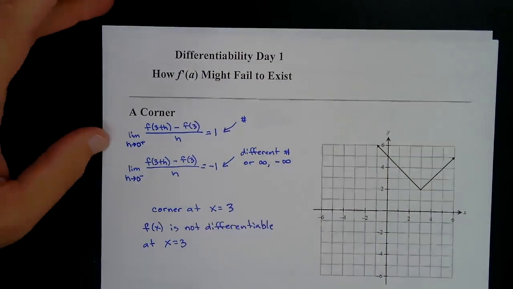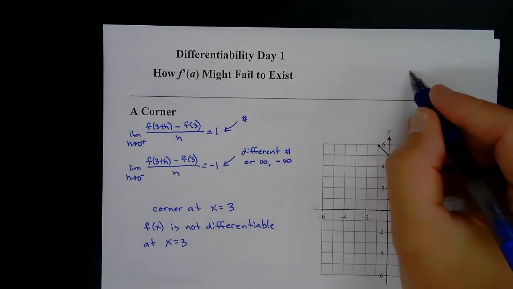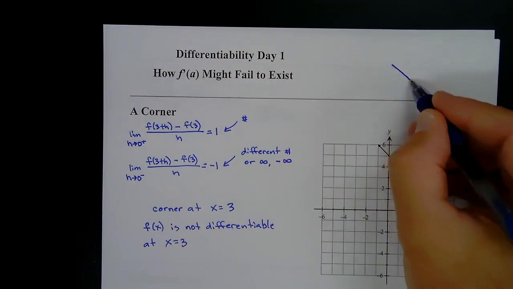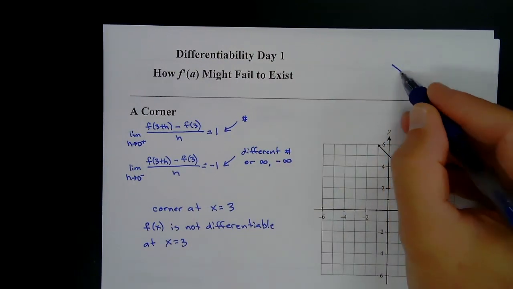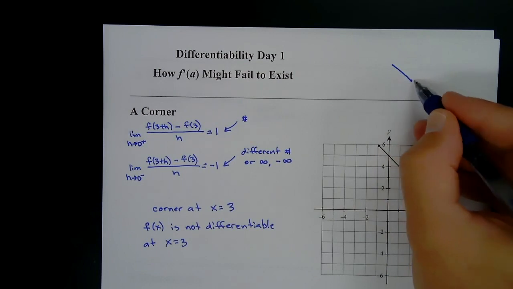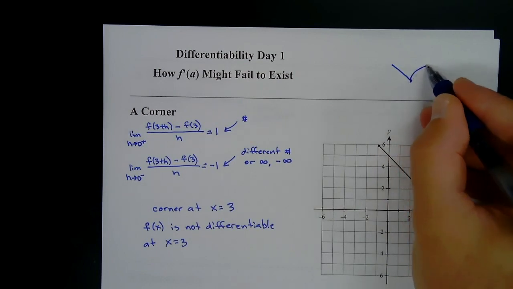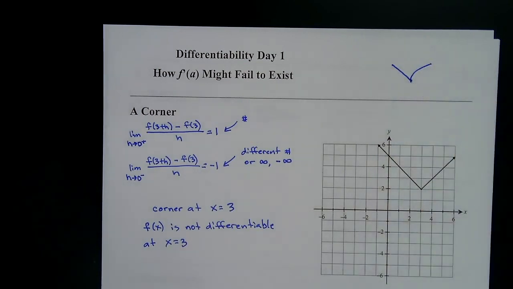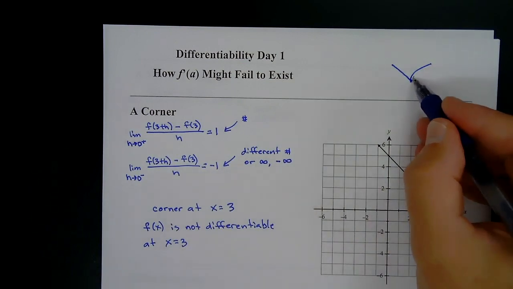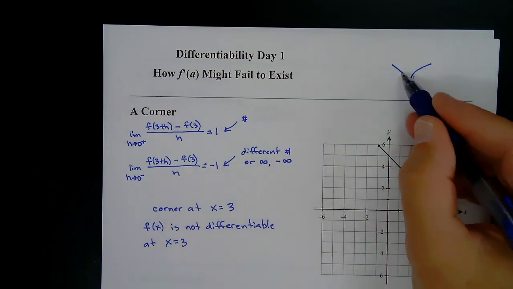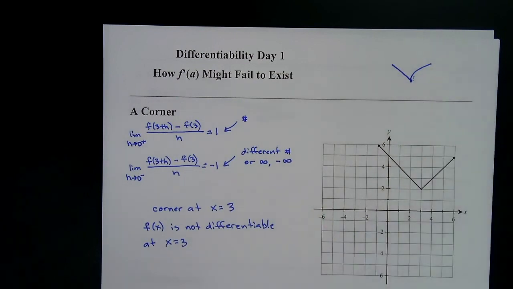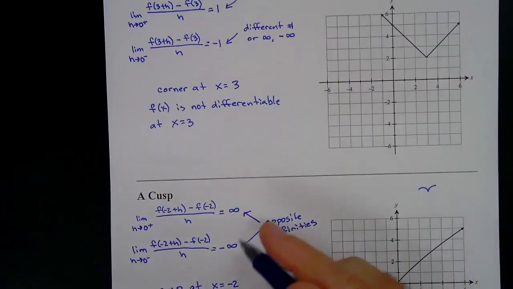So you could have something like this that comes in like this, and then this side would have a slope, a negative slope, and then you could have one like this, and that would still be called a corner, even though this side would have a vertical tangent and this side would have a number value. That would still be considered a corner. It's only a cusp when they are opposite infinities.